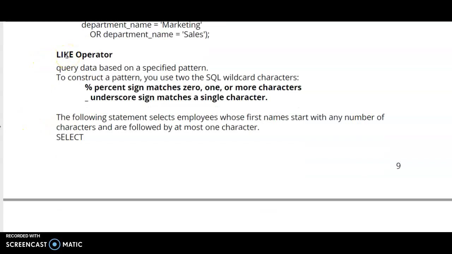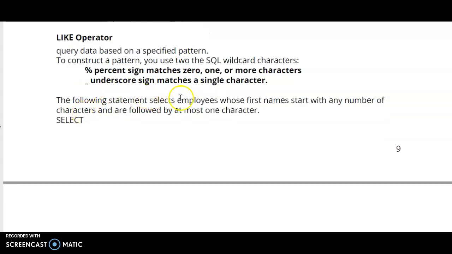LIKE operator. It queries data based on a specific pattern. To construct a pattern, you use two SQL wildcard characters. The percent sign matches zero, one or more characters, and the underscore sign matches a single character. The following statement finds employees whose first name starts with any number of characters and is followed by at most one character.